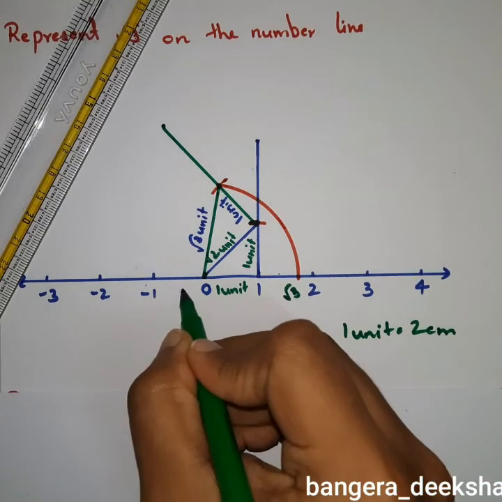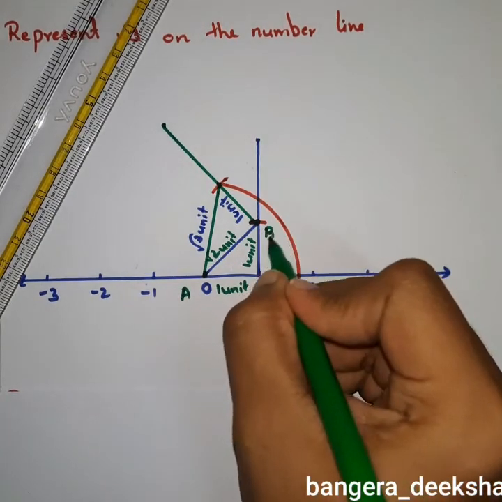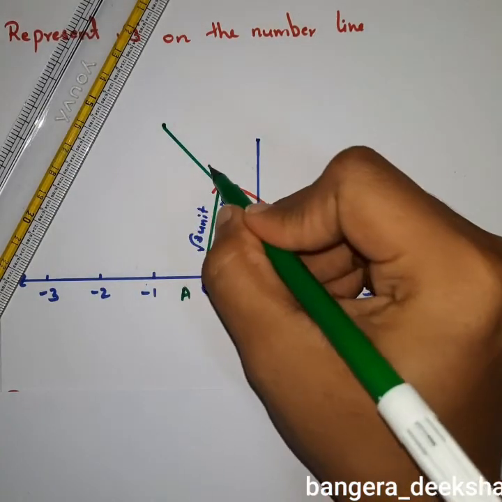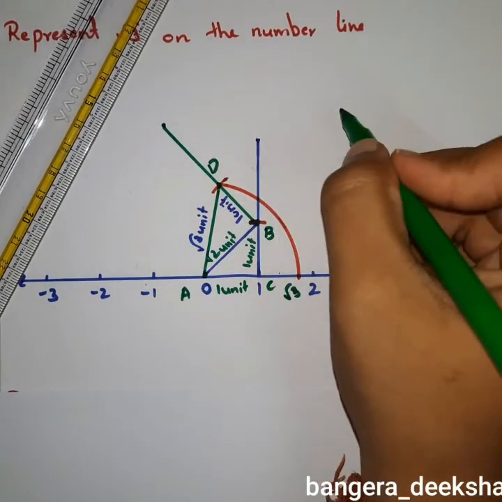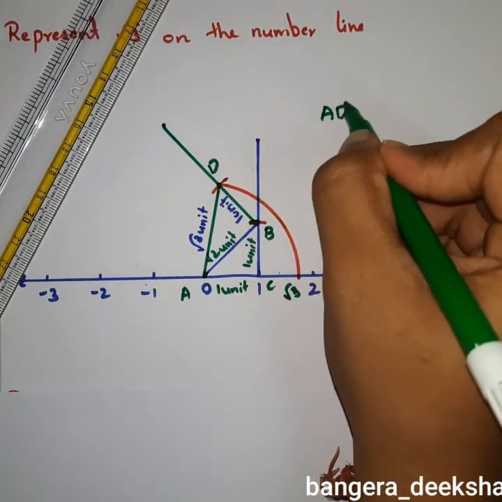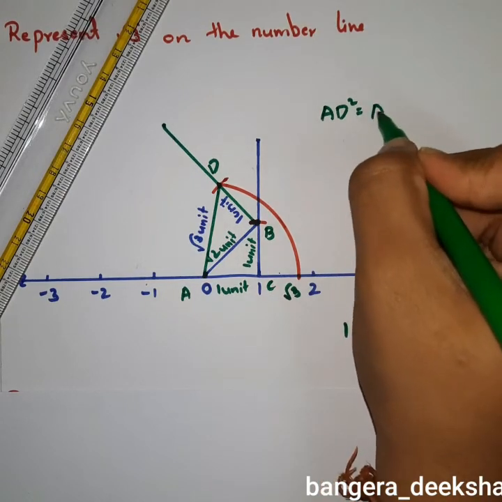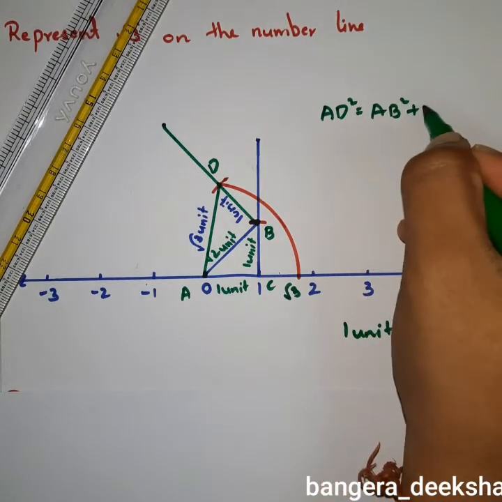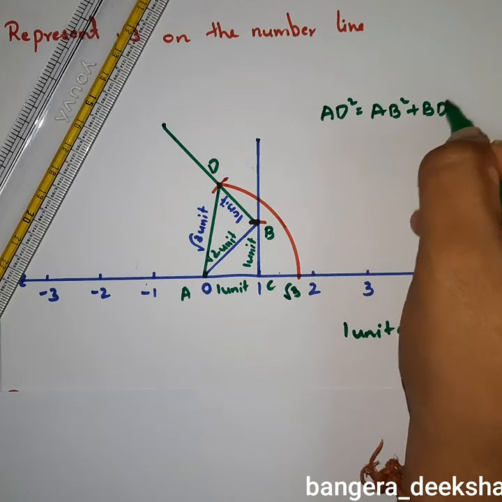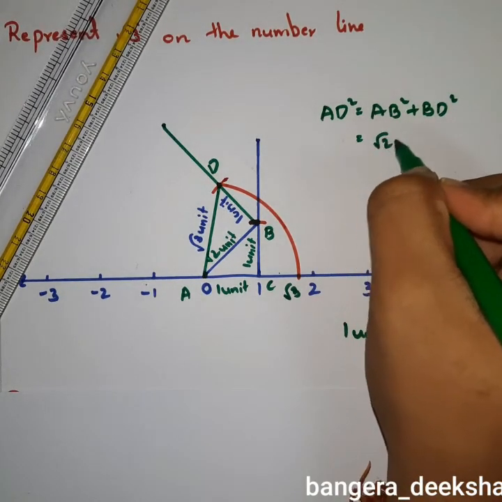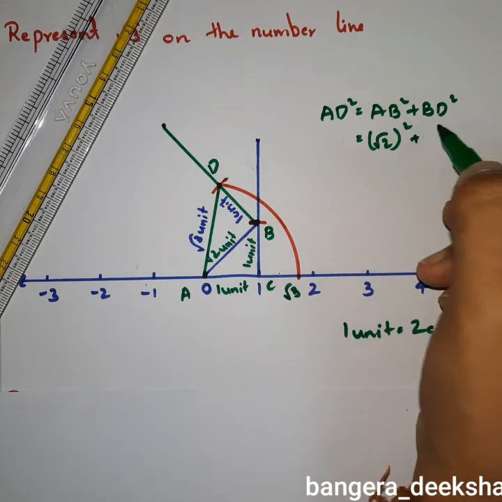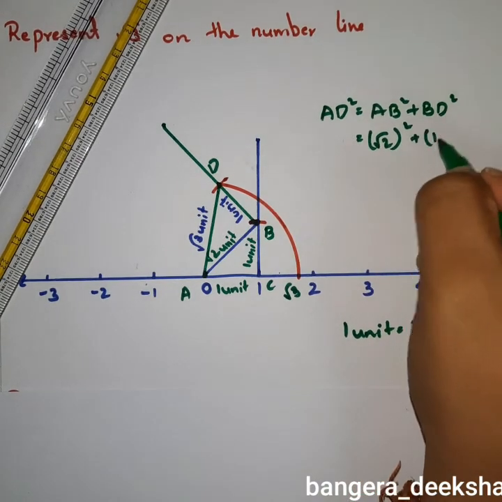Labeling it, we already have A, B, C. You can label this as D. Again this is your right angle triangle. So Pythagoras theorem will give you AD square is equal to AB square plus BD square. AB is nothing but root 2, so root 2 square, plus BD square, that is 1 square.